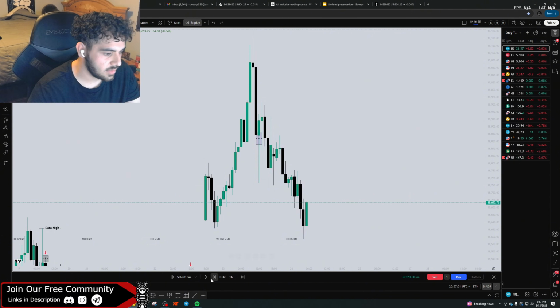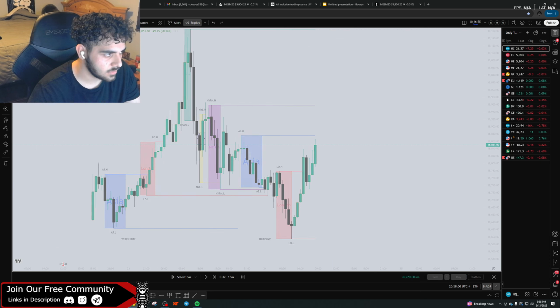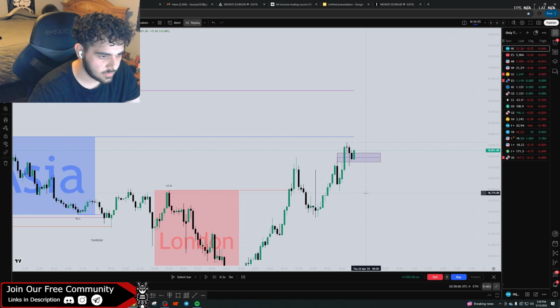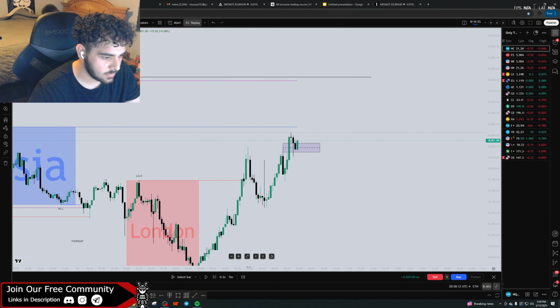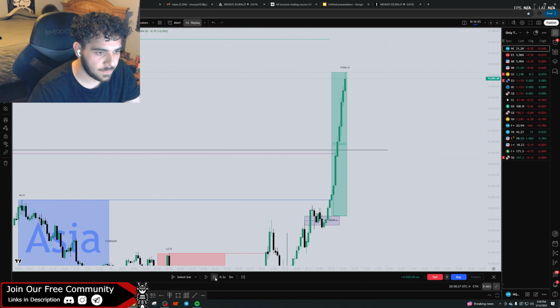Okay, lots of buy side right here. Price is making some fair value gaps in here. Fair value gap right here, clearly respected. Have all this buy side. Okay, see if price gives us an entry. Not really anything that I like right there.